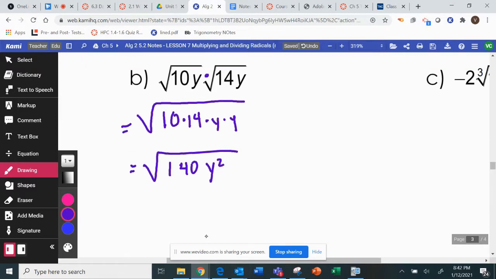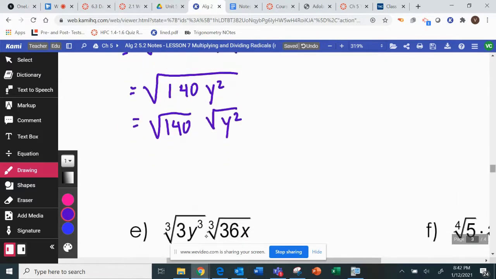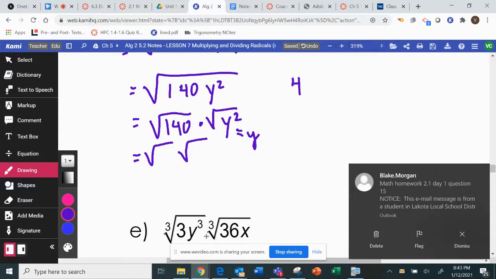Now, we need to see if it can be simplified. So if I separate this into square root of 140 and square root of y squared by using that product rule, I know that the square root of y squared is y. But what about the square root of 140? Does that separate into two radicals, one of them being a perfect square? I know 4 goes into 140. Well, I think it goes into 140, I should say.